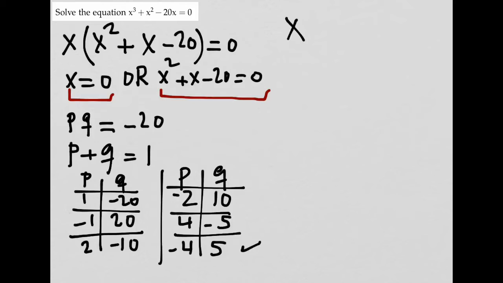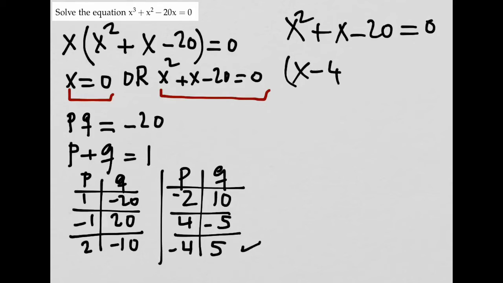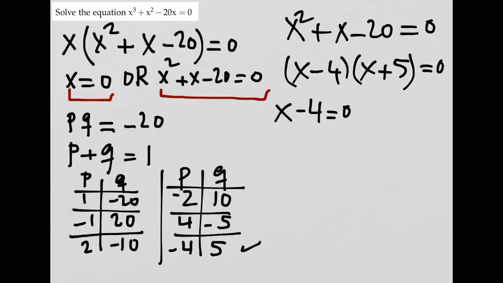So x squared plus x minus 20 equals 0 becomes x minus 4 times x plus 5 equals 0. Using the zero factor property, this means x minus 4 equals 0, or x plus 5 equals 0.